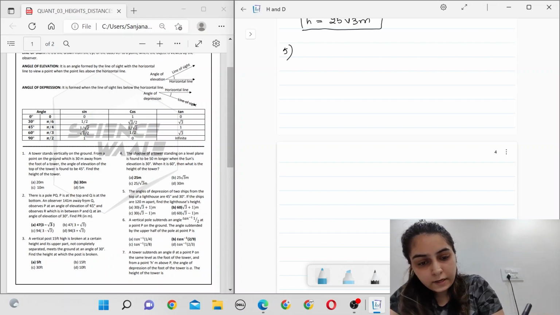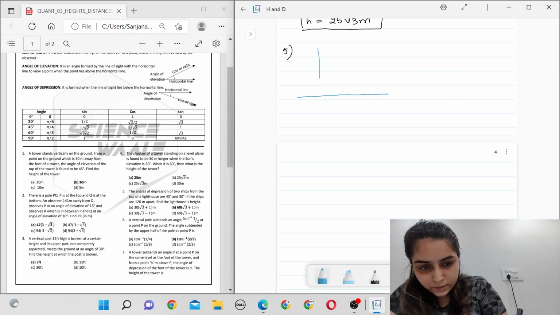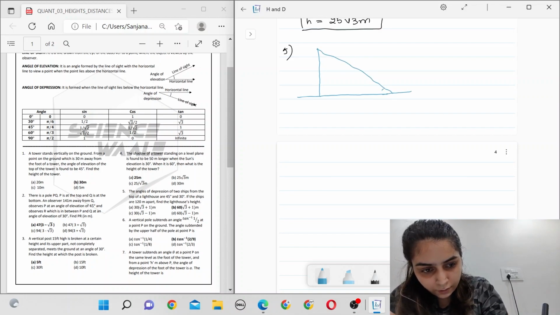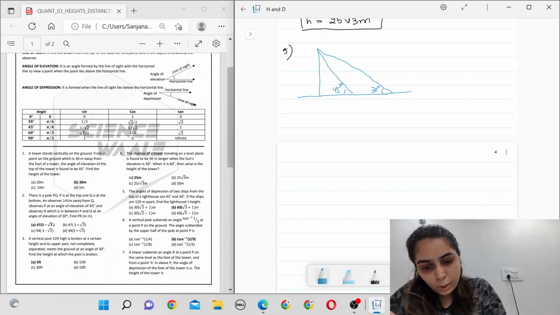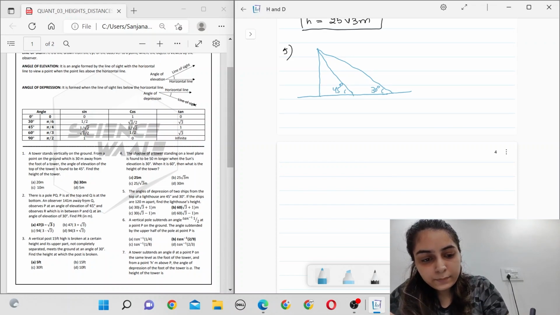So what they have given us here is, there are two ships and the angle of depression of two ships from the top of the lighthouse are 30 degrees and 45 degrees. If the ships are 120 meters apart, that means the distance between the two ships is 120 meters. Then they have asked us to find the lighthouse height.